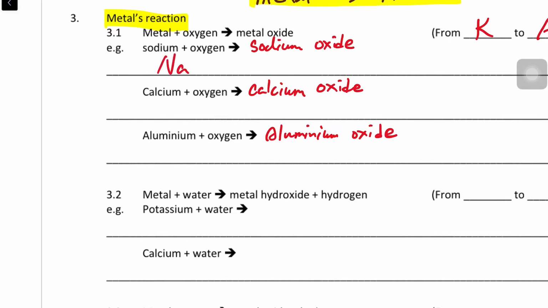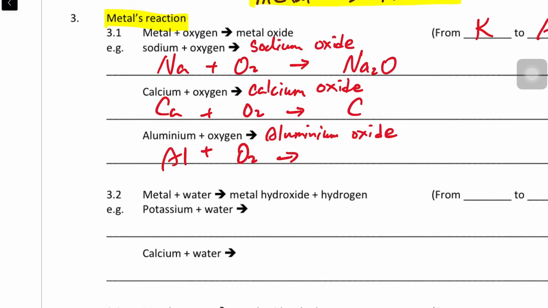This is sodium, calcium, aluminium, and I'm sure you understand oxygen should exist as O2, right? How about the products? Sodium oxide is Na2O, calcium oxide CaO, aluminium oxide Al2O3. Very good. But how to balance?